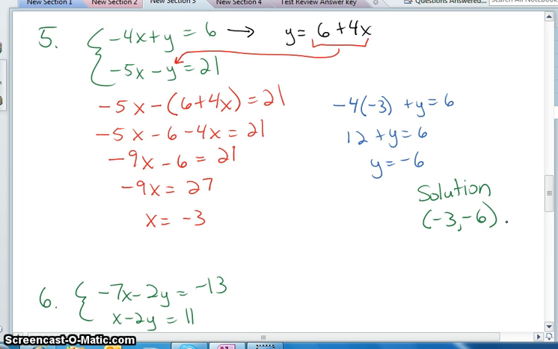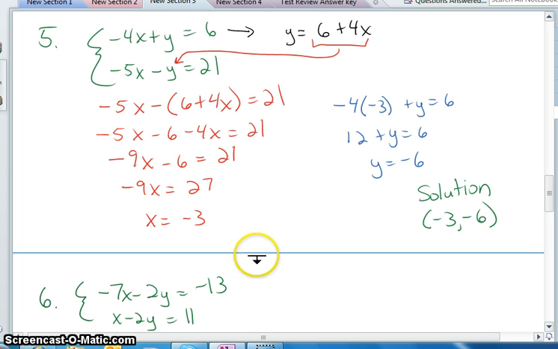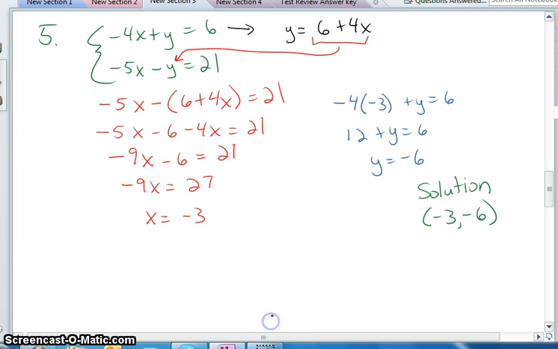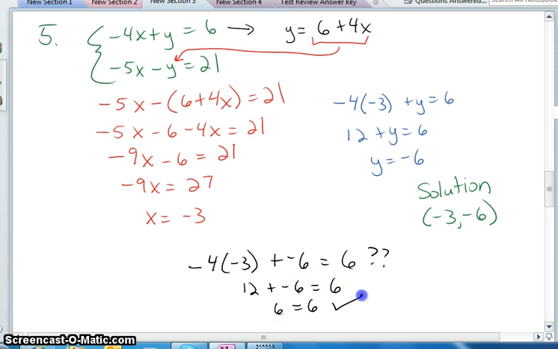How can I check to make sure I got the right solution? Well, I can substitute it in. So it does negative 4 times negative 3 plus negative 6 equals 6. Is that true? Well, that's 12 plus a negative 6. Does that equal 6? Yep.